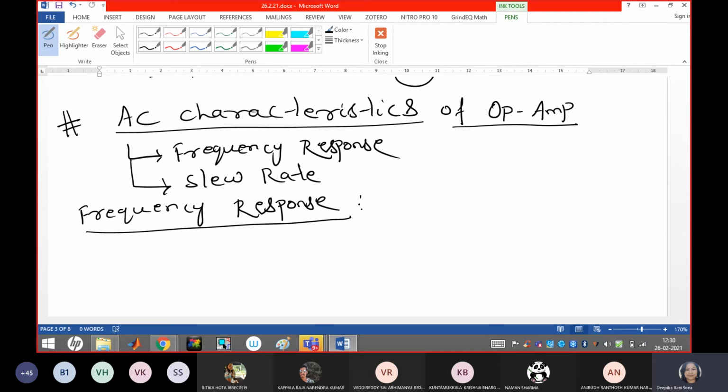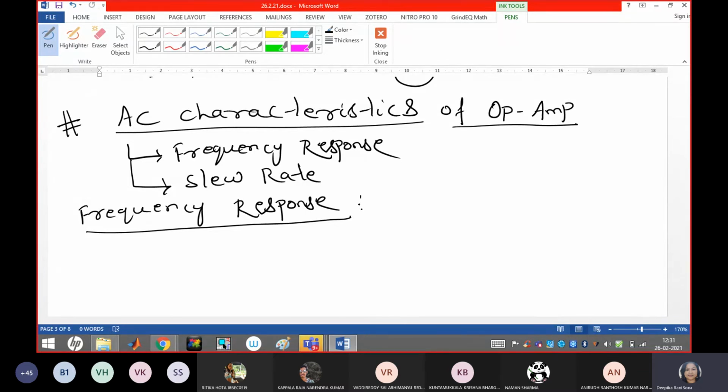That must be observed. It means when you apply the frequency to the amplifier circuit, or your oscillator circuit, what should the gain be? Gain should be maintained over some bandwidth. How is it related?